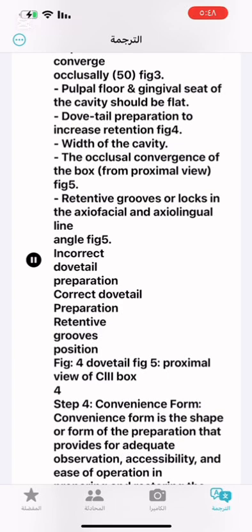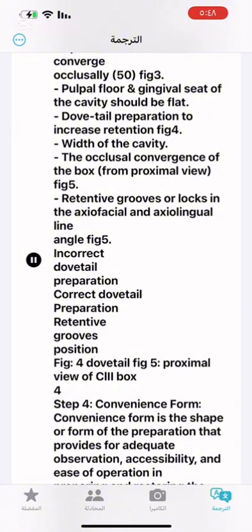Mesial and distal walls of the cavity should be parallel and slightly diverge occlusally to be within the enamel rod direction and prevent any unsupported enamel at the marginal ridge. All internal line angles should be rounded to prevent stress concentration area. Fig 3. Box shape of Class 2. Fig 2. Rounded gingival cavo-surface line angle.